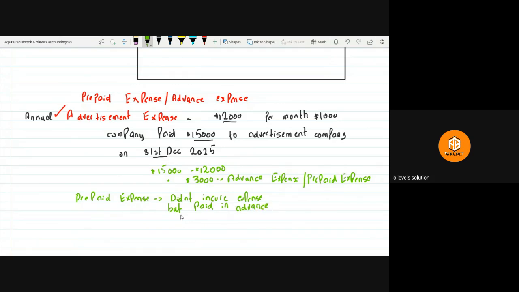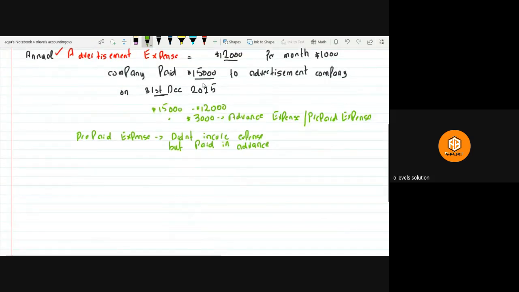This is called prepaid expense. Now we are going to discuss another expense, and that is accrued expense.